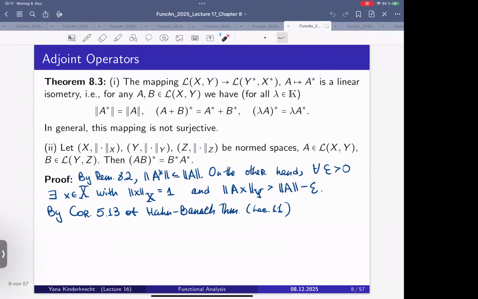So by this corollary, we take this element, this is y, it lives in this space. So by this corollary, there exists a continuous linear functional y star such that the norm of this continuous linear functional is 1.